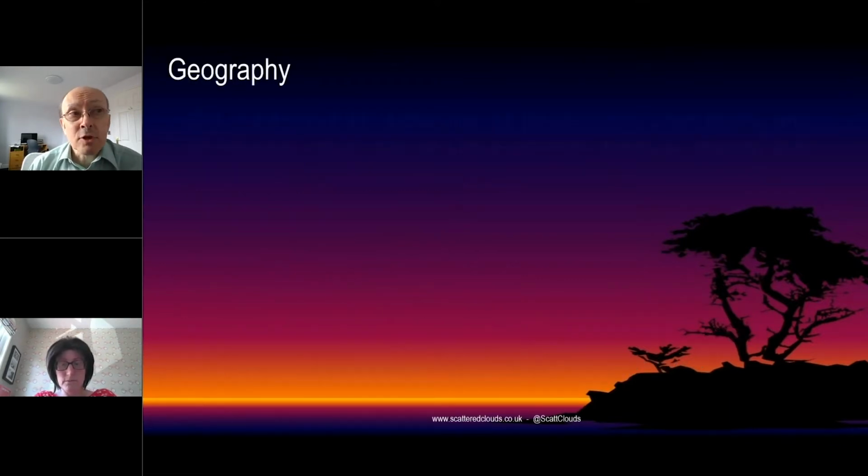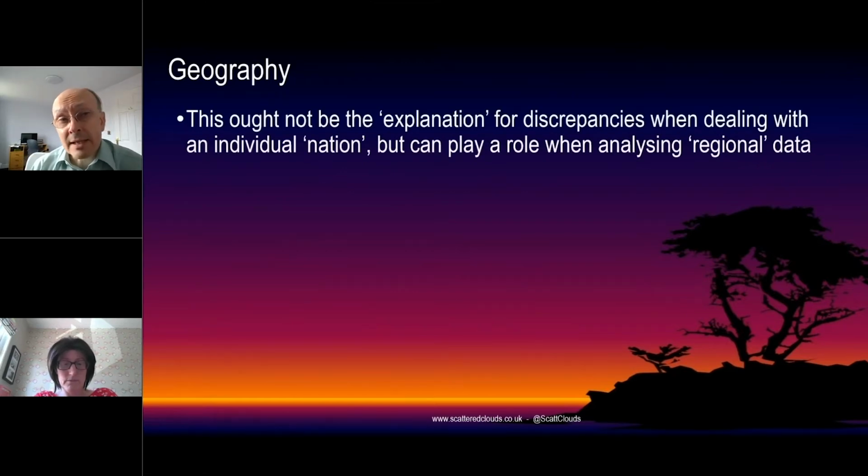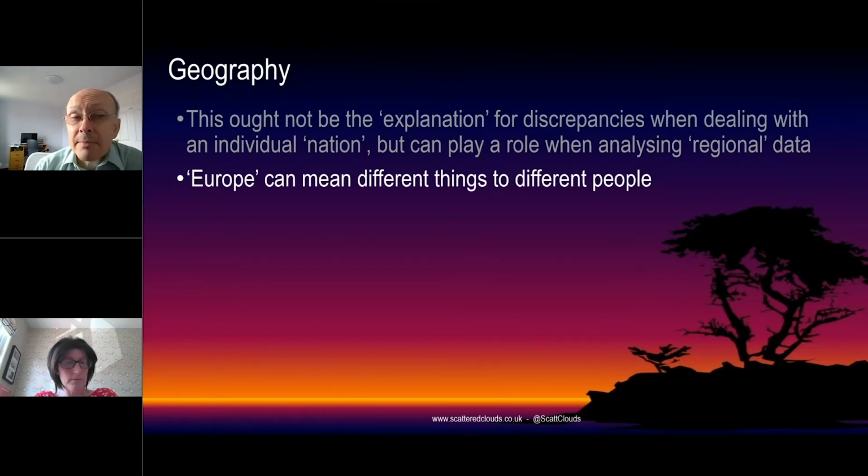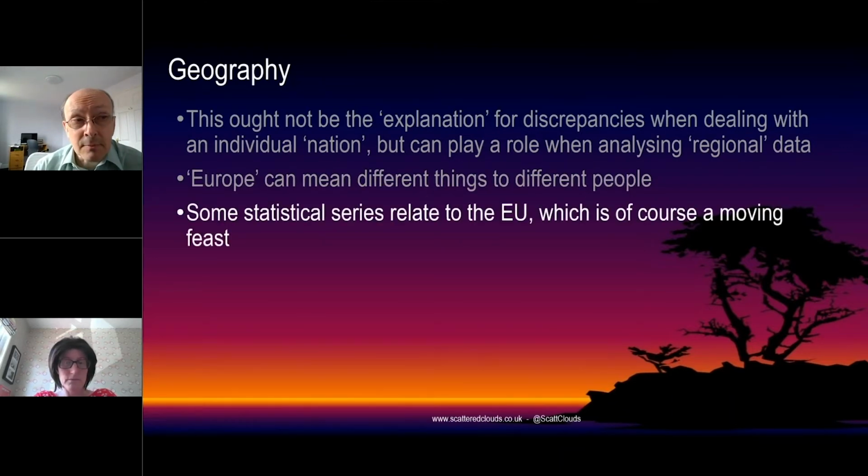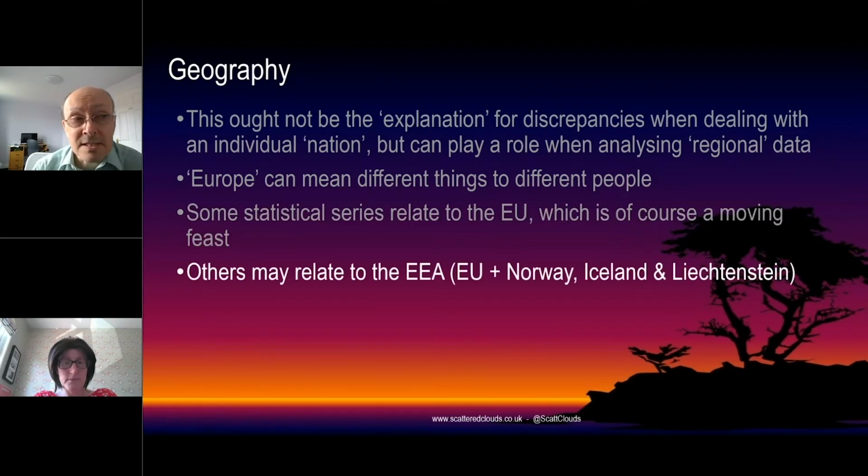Thinking then about geography. Well, this ought not be the explanation for any discrepancies when we're dealing with an individual nation, but can play a role when analysing regional data. Europe can mean different things to different people. Some statistical series relate to the EU, and of course we're now very aware that the EU is in itself a bit of a moving feast.